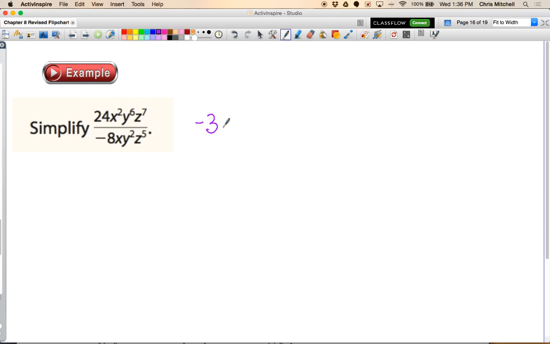So now, I'm going to go ahead and write my x. It's going to be 2 minus 1. Next, I'm going to have my y, which is going to be 6 minus 2. And for the last portion, I'm going to have z, 7 minus 5.